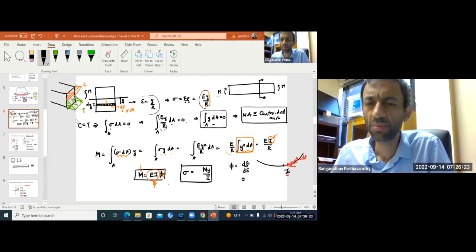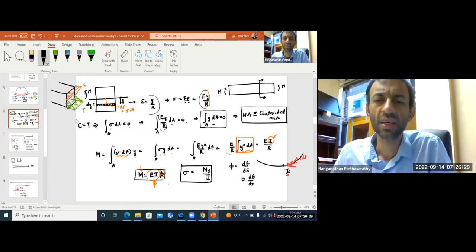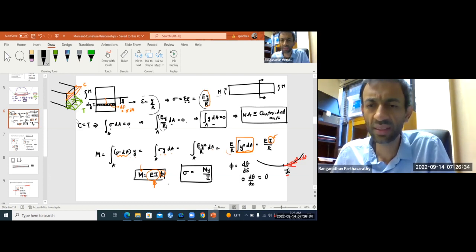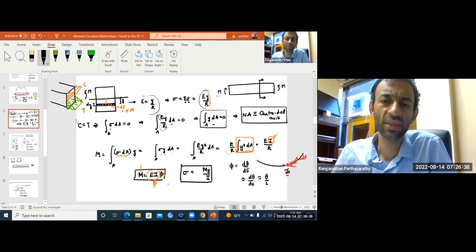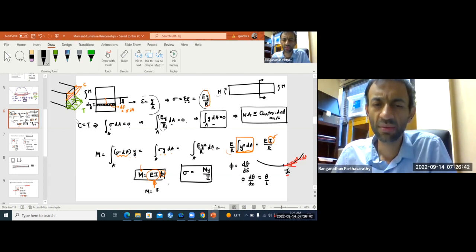So you can approximate that as d theta over dx, and you can further approximate that over a length as theta over L, if you have constant curvature. Now, if you replace that, you have M is EI over L times theta.